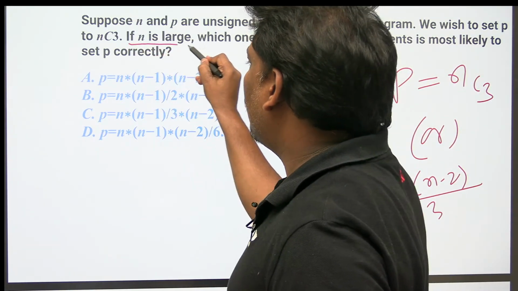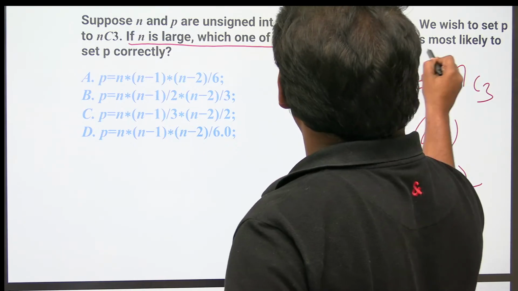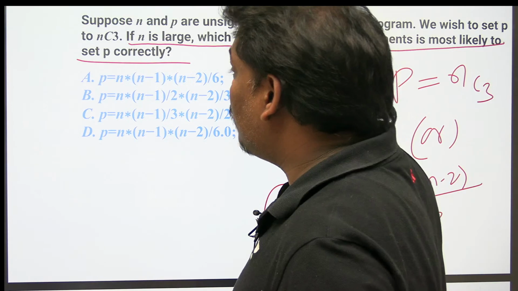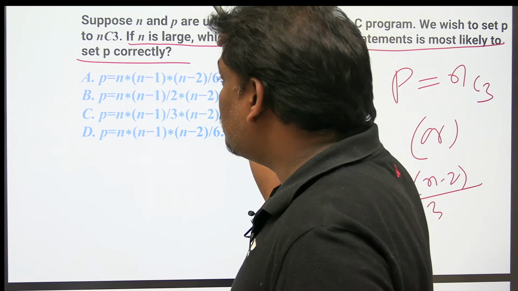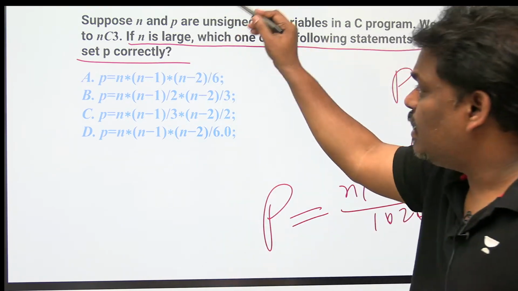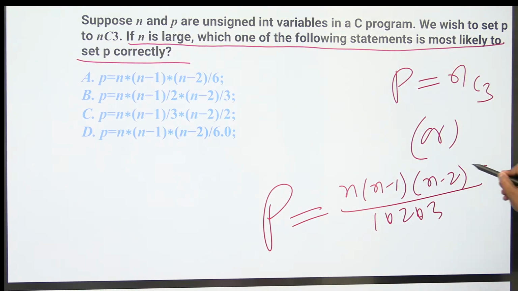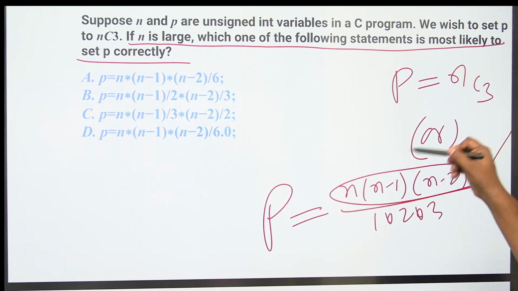If n is large, which one of the following statements is most likely to set p correctly? Listen everyone now. If n is large, n into n minus 1 into n minus 2 will become very large.